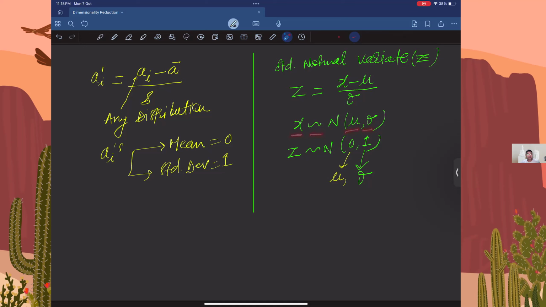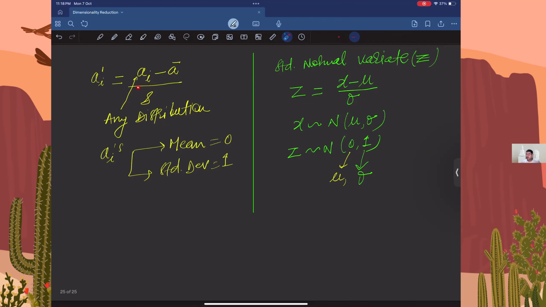And if I construct my Z like this, then Z will also be normally distributed with mean 0 and standard deviation 1. So if some of you have understood the statistics part clearly, you will understand that these two, this thing and this thing, look very similar.